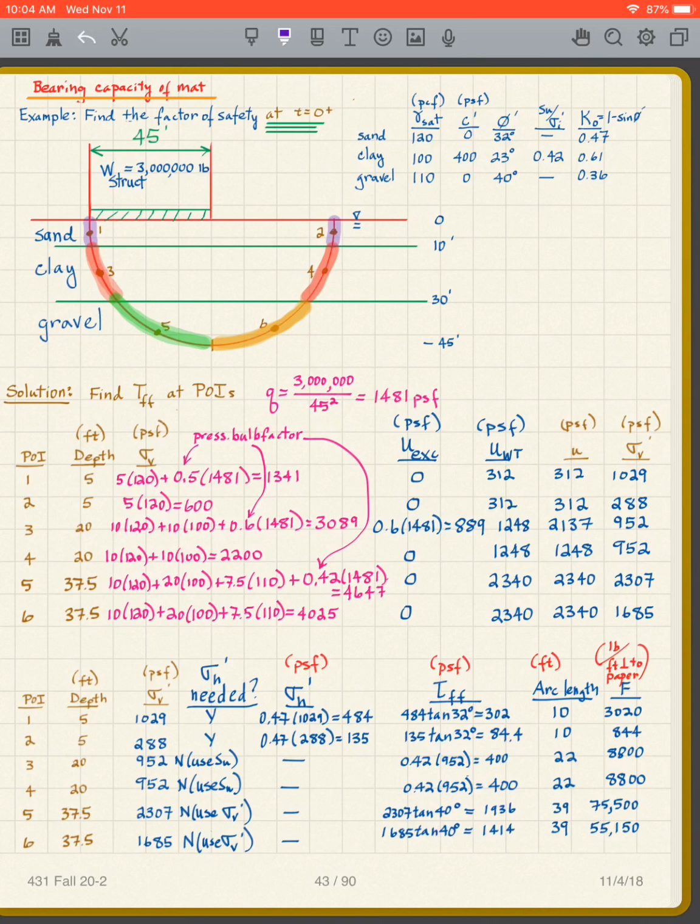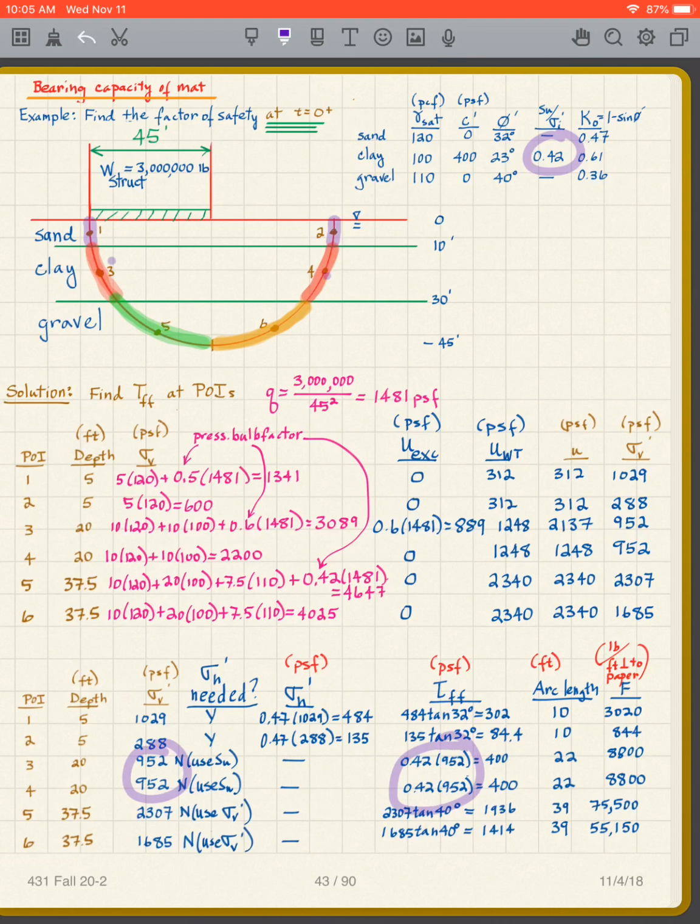Well, what do we do for our clay? I use my SU over sigma prime I. So my sigma prime I is 952, and so I get 0.42 times 952. It's the same in both cases.